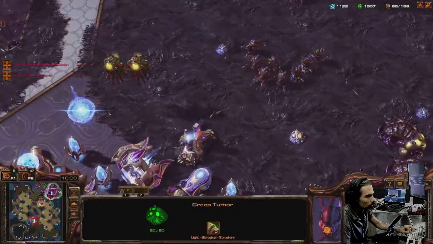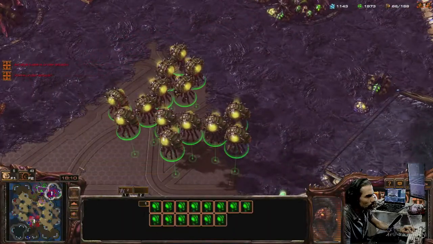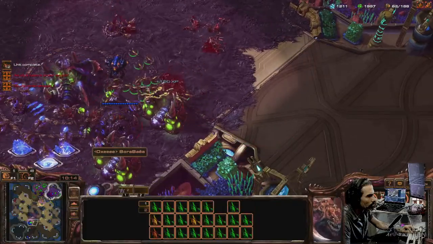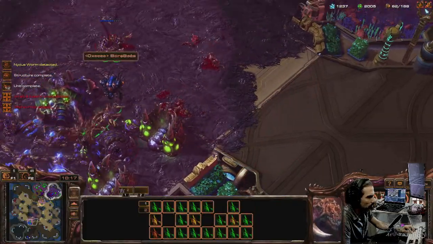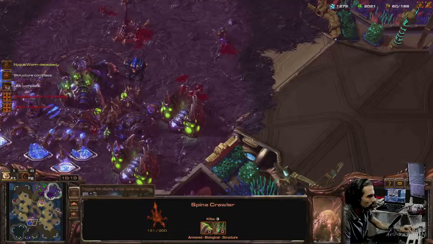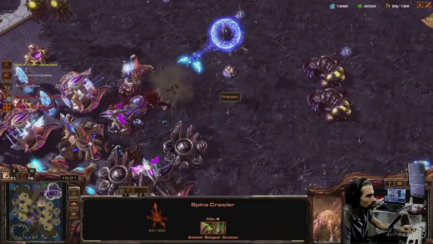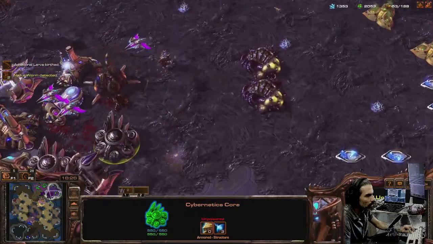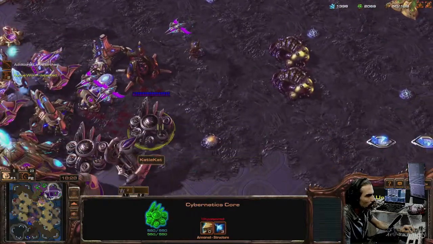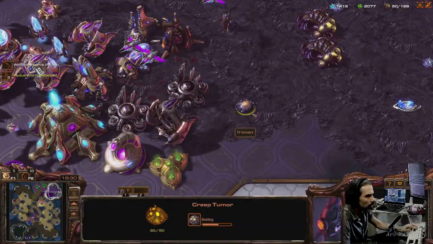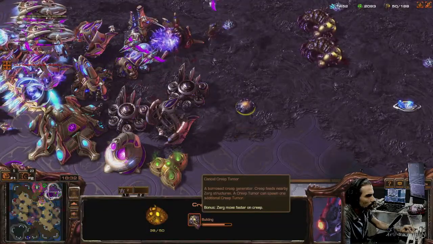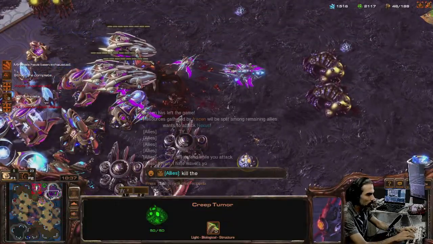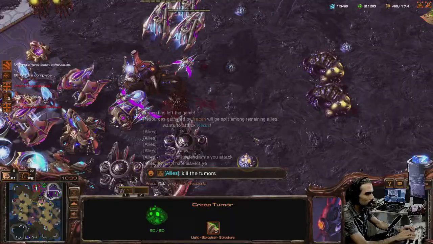Our allies are under attack. The hive cluster is under attack. Our forces are under attack.